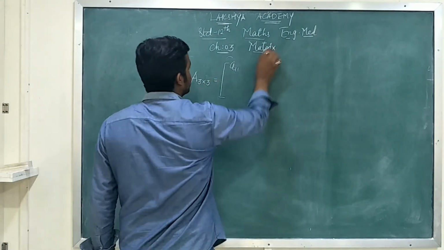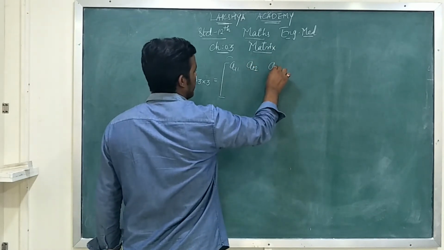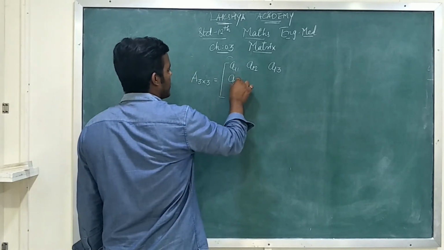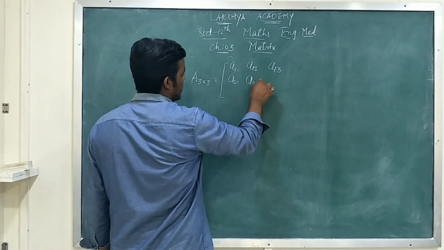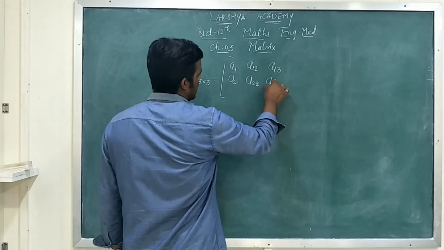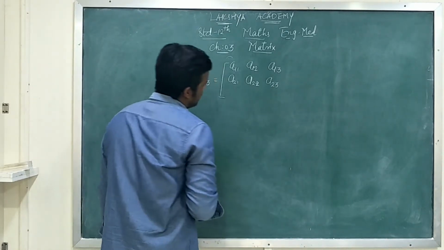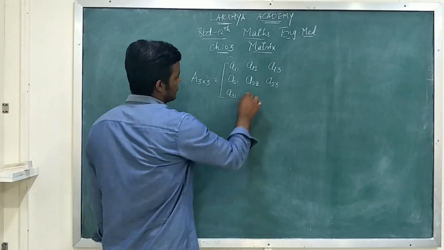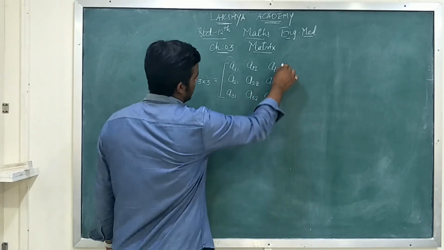Then a12, first row, second column, a13, first row, third column. Now for the second row, first column, second row, second column, second row, third column, right? Same like that, third row, first column, third row, second column, and third row, third column.